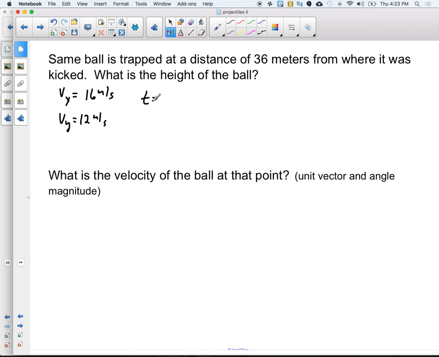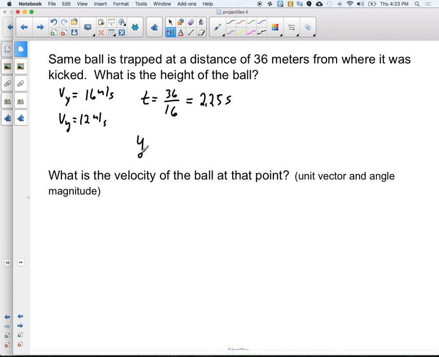So the time for the ball to get to the 36 meters is going to be 36 over 16, and that gives me 2.25 seconds.